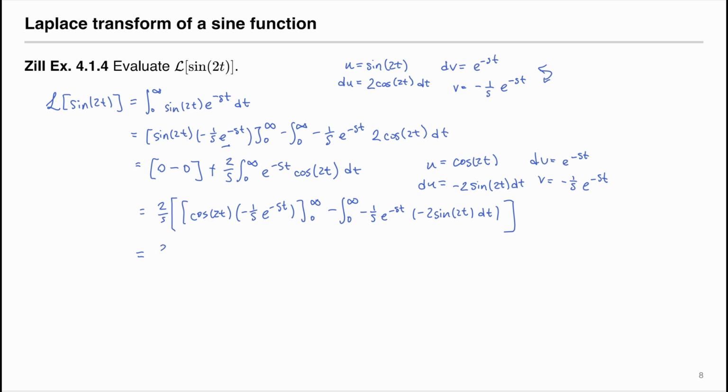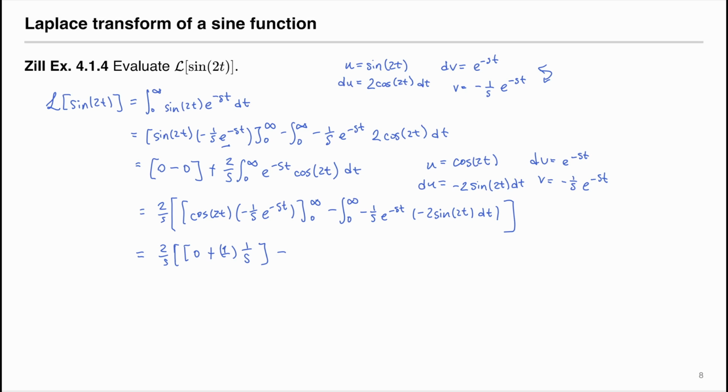Okay, let's reorganize this. Cosine of infinity is oscillatory, but e to the negative infinity is 0. And then cosine of 0 is 1. Minus is plus, 1 over s, e to the 0 is also 1.